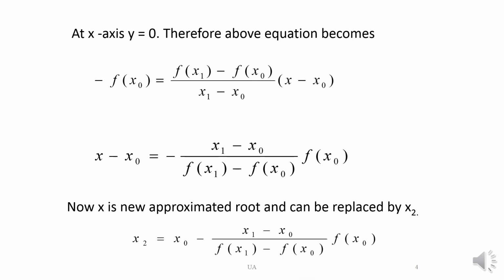So x becomes x0 - [(x1 - x0) / (f(x1) - f(x0))] f(x0). Now we substitute x as x2, which is the new approximated root, and from here we can calculate the value of x2.